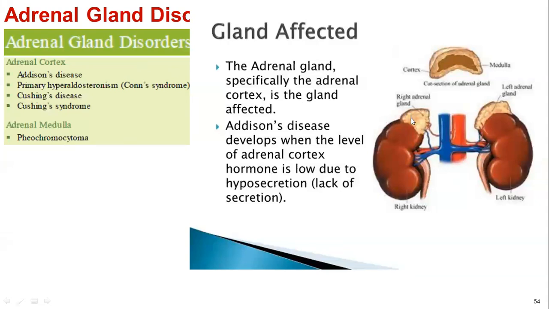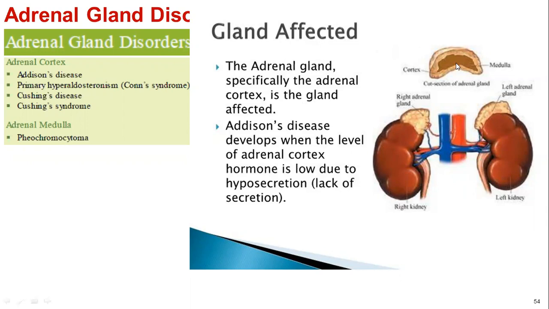Another name is the suprarenal gland. The adrenal gland has two anatomical or histological parts. If you cut this adrenal gland, you get the outer layer, the cortex, and the inner layer, the medulla.